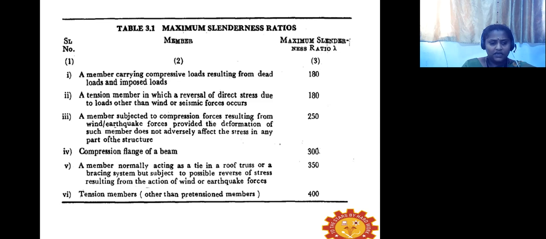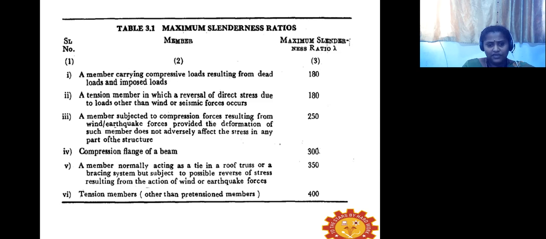And the next case is, if you are going to design only the compression flange of a beam, then you can assume the slenderness ratio to a maximum of 300. Next case is a member normally acting as a tie in the roof trusses, or a bracing system, but subjected to possible reversal of stress resulting from action of wind or earthquake forces.